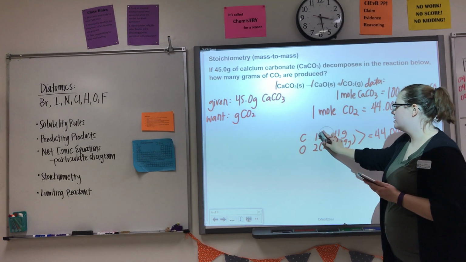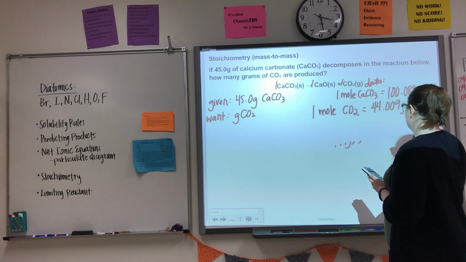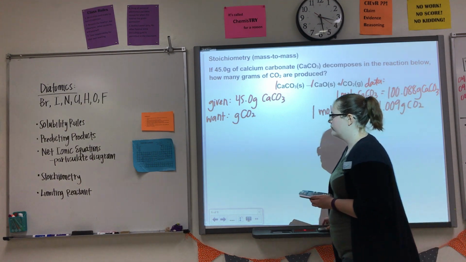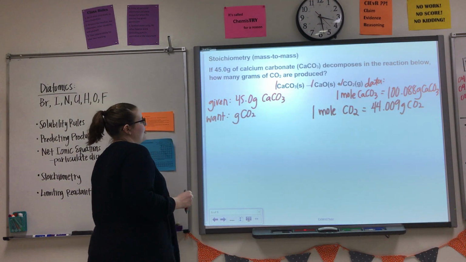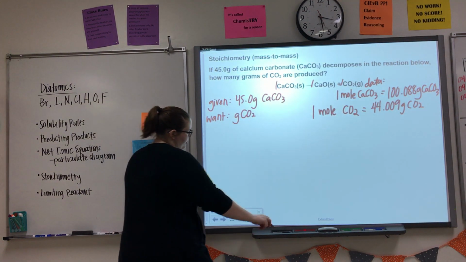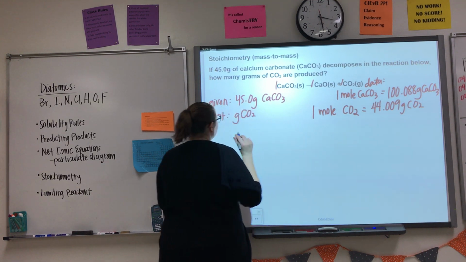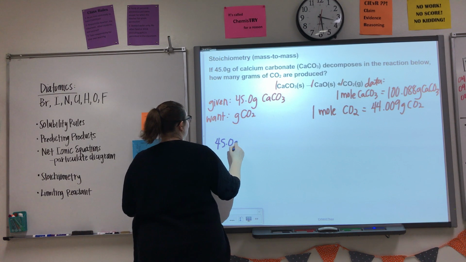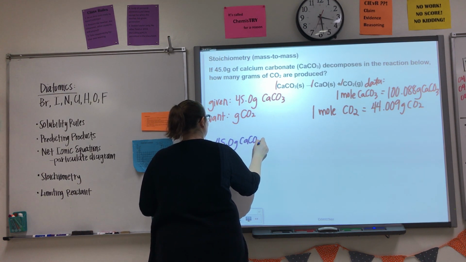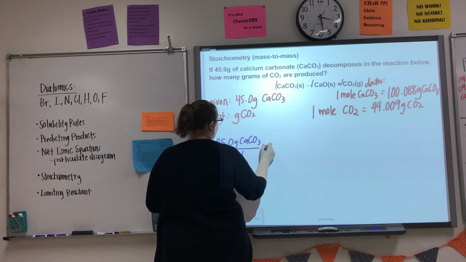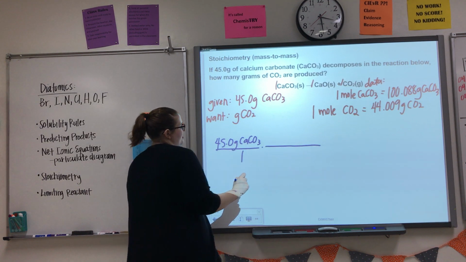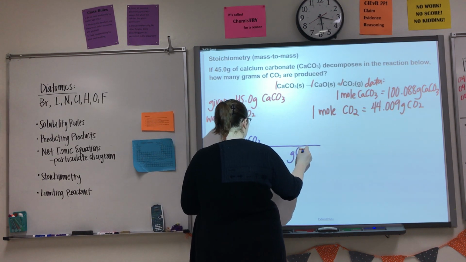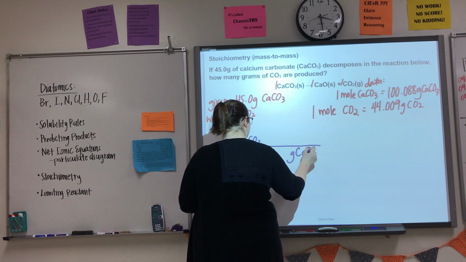And I'm just going to erase this because I want to save some space. Okay, so I'm going to do my gram to gram conversion now. Here we go. Switching to blue again so you guys can see what I'm doing. So I start with 45.0 grams of CaCO3 over 1. All right, I have grams of CaCO3 on top, so it's going to move over here to the bottom.